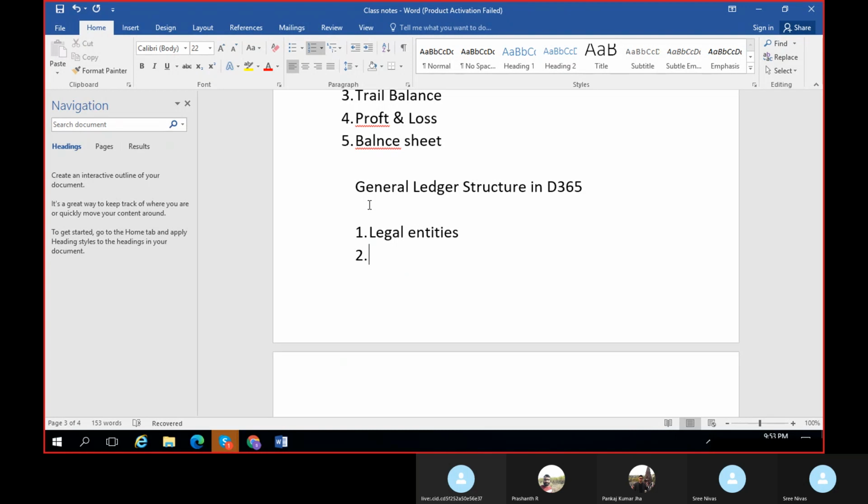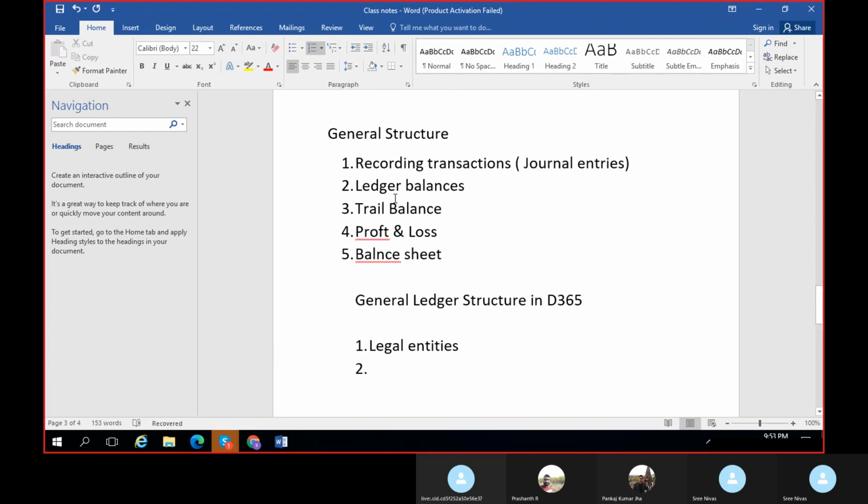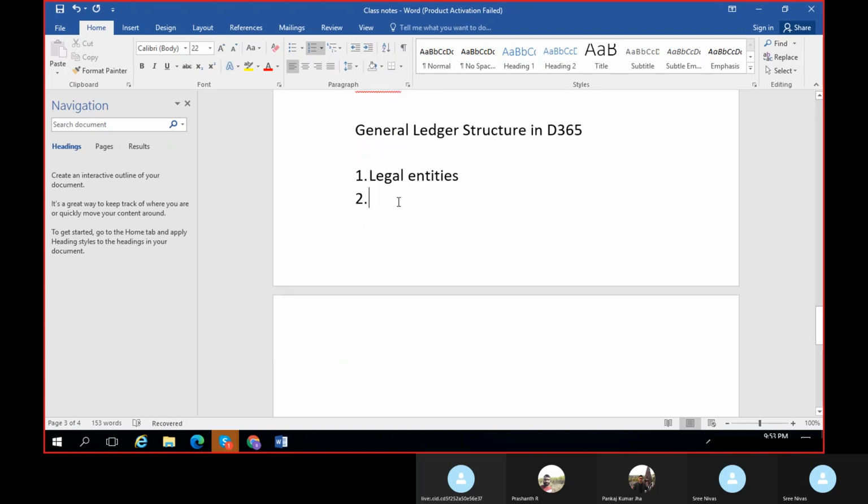At that time the client will ask us to take them through the general ledger structure in D365, because they might be using a traditional accounting system in different software like SAP or Oracle or any other third party. In case they want to understand how it all works, you should be well aware of the important topics, and it should be at your fingertips.